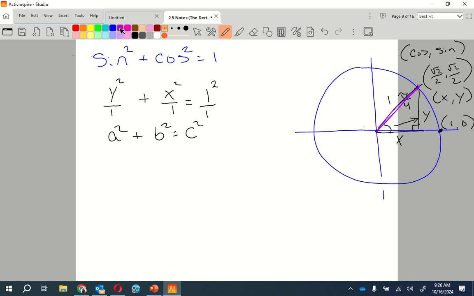I have my x, which is that one right there, and I have my y, which is that one right there. A, B, C. Those are the parts of a right triangle, and all my identities are based on that.